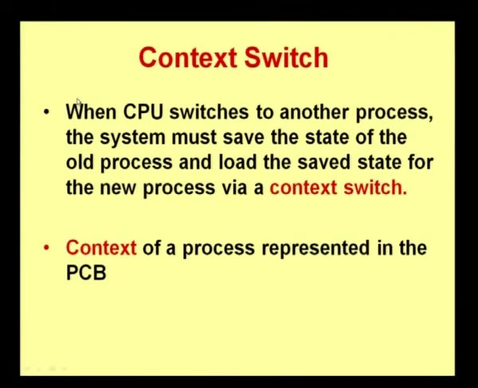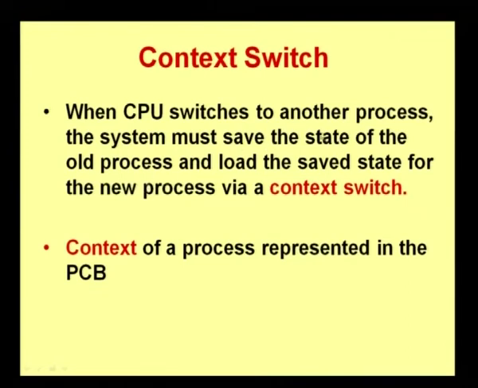Now the next topic is the context switch. What do you mean by context switch? Switching from one process to the other process, from one context to the other context during execution, is called a context switch. When the CPU switches to another process, the system must save the state of the old process. Where does it save the state?